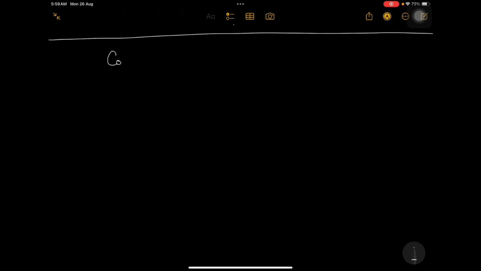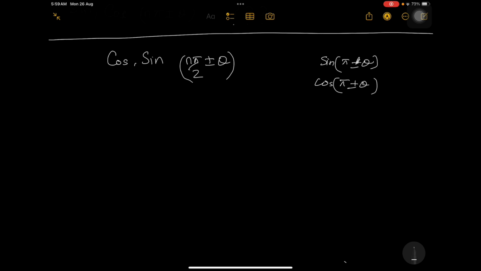Next part will be cos sine n pi by 2 values plus or minus theta values. So those times with the reference angle we found like sine pi plus or minus theta, cos pi plus or minus theta, these kind of things, like sine 2 pi plus or minus theta, cosine 2 pi plus or minus theta.